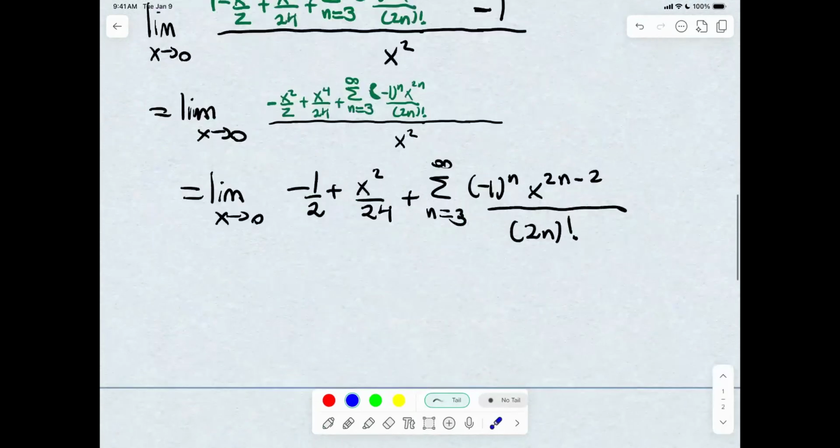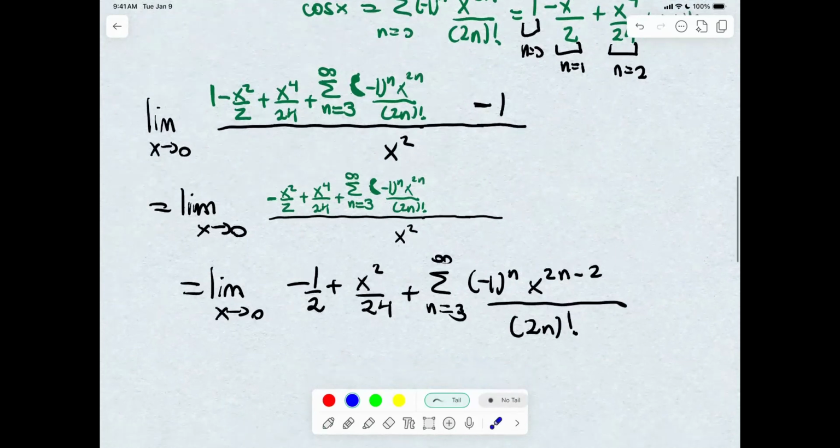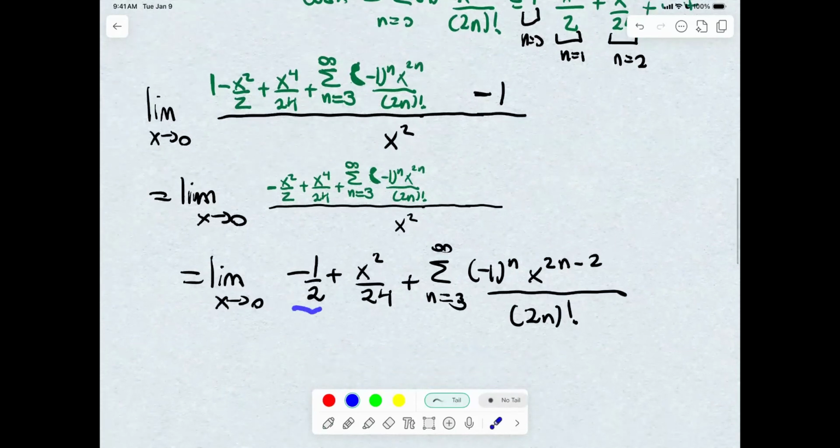This gives you a more precise understanding of how much you deviate from the limit, because this is saying that the answer is -1/2 plus x squared over 24 plus all this other stuff. So it does give you more information of what you might call an error term of how far away you are from the limit.